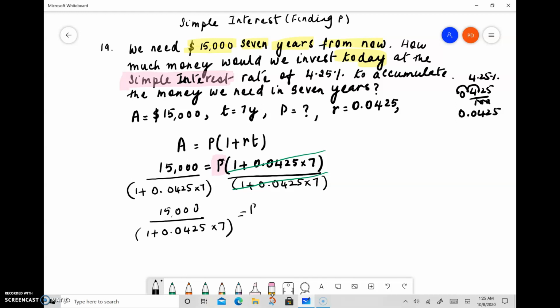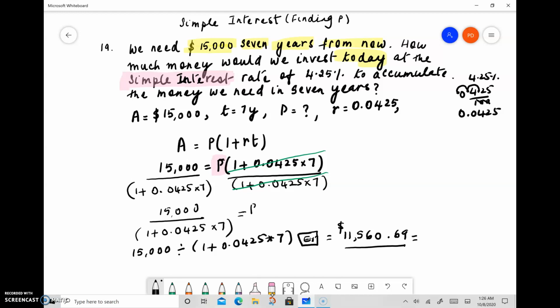Now all we have to do is enter all these numbers into the calculator exactly the way they appear, including the parentheses: 15,000 divided by open parentheses 1 plus 0.0425 times 7, hit the enter button, and you get $11,560.69. So I've rounded the number to the second decimal place.